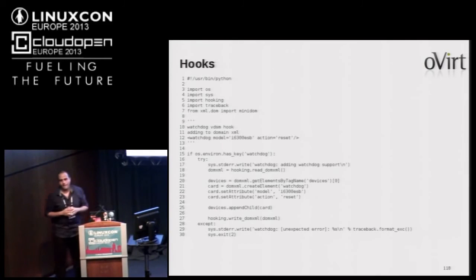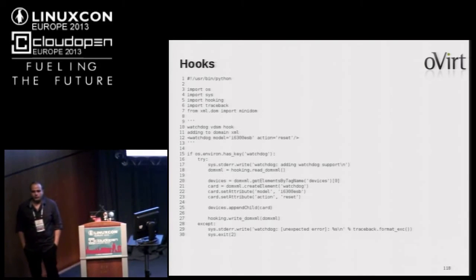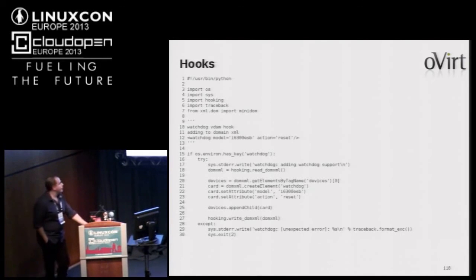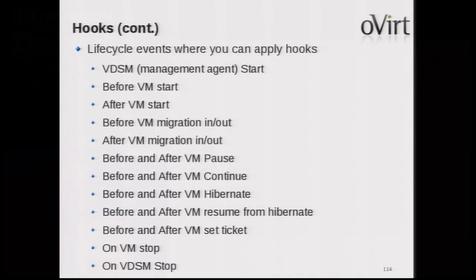And the hook will be deployed automatically by the engine? No. You will need to put the hook manually on the hosts relevant for that hook. And if the VM migrates to another host? Then when the VM migrates, you have a before and after VM migration event.